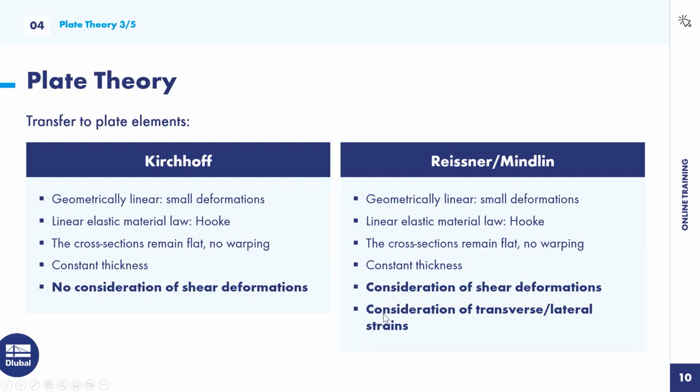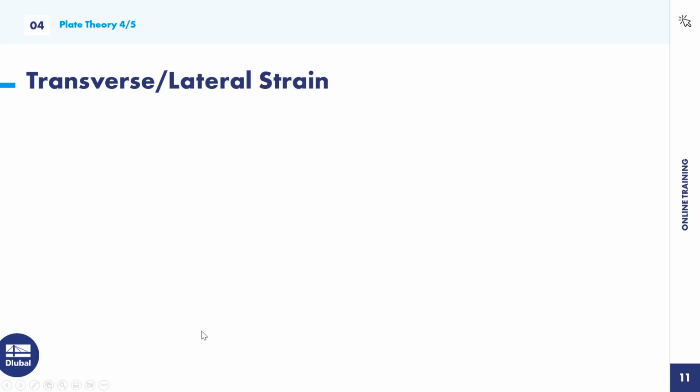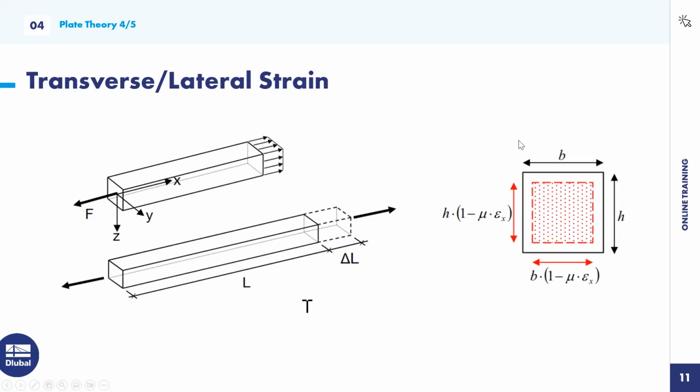And we also have a consideration of the transverse and lateral strains. Let's look at the transverse and lateral strain. Just as a reminder, we set this mu, this Poisson's ratio, to 0 in our previous model. But now what's this Poisson's ratio?